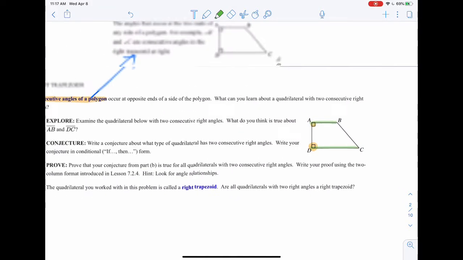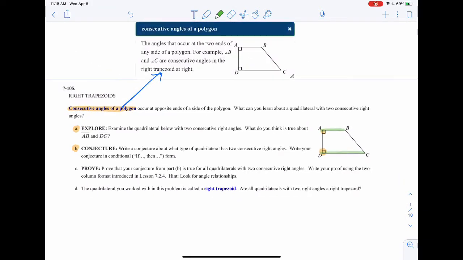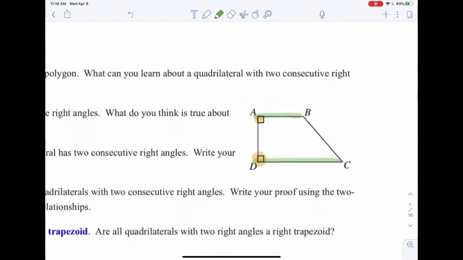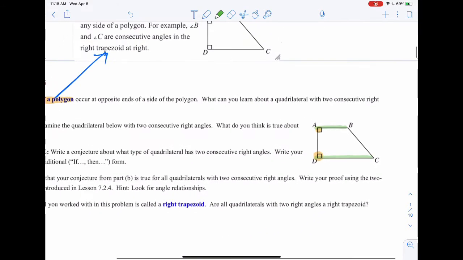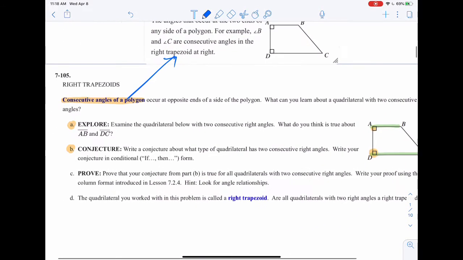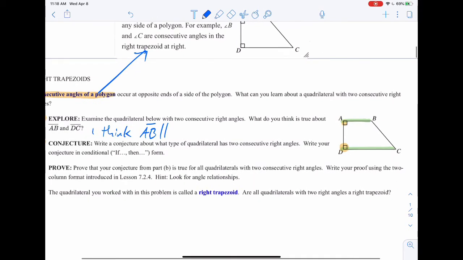Well, because we're dealing with a right trapezoid, as they say, even though we haven't proven this is a trapezoid, I'm going to guess, based on the definition of a trapezoid, that side AB is parallel to side DC.